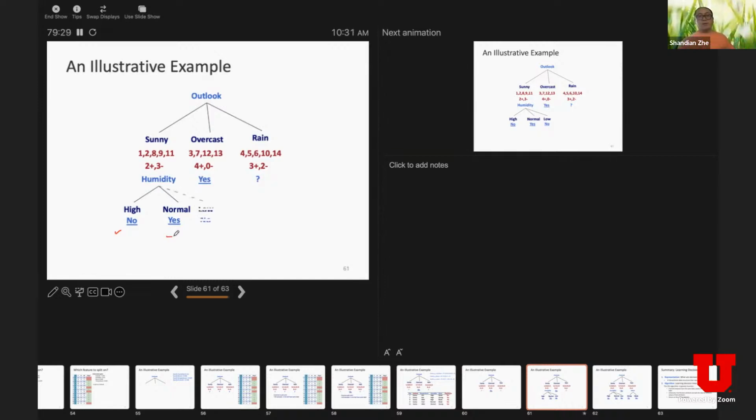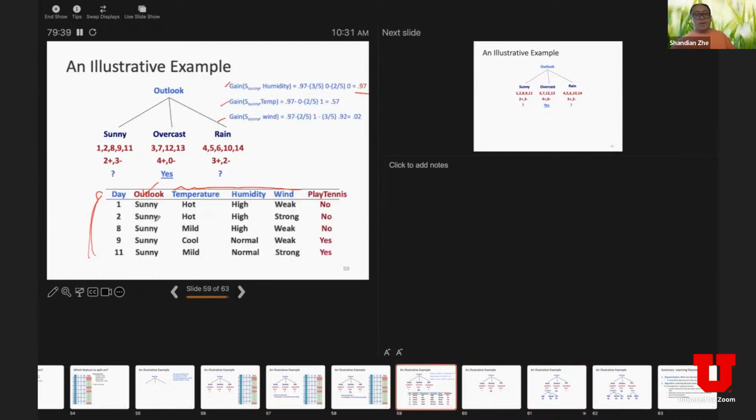And one more thing that's very important. We found that in this subset, humidity only contains 2 values, high and normal. But humidity can take 3 possible values; there's also a low value, and no example shows up with a humidity value of low. What should we do?